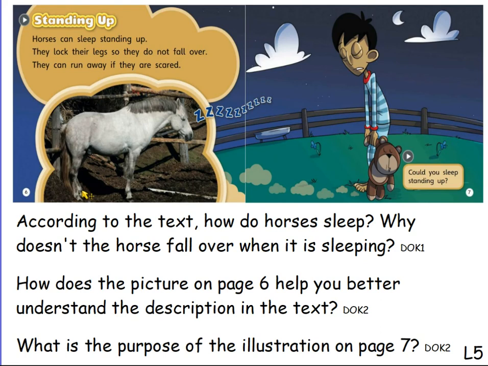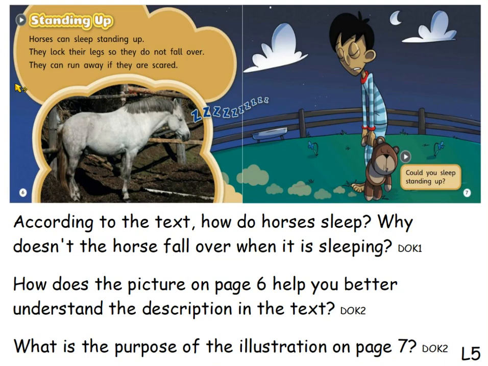I see that his legs are locked, and I also see the author has added some Z's. That makes me think of someone that is sleeping. This would be a good place to pause the video to write your answer.